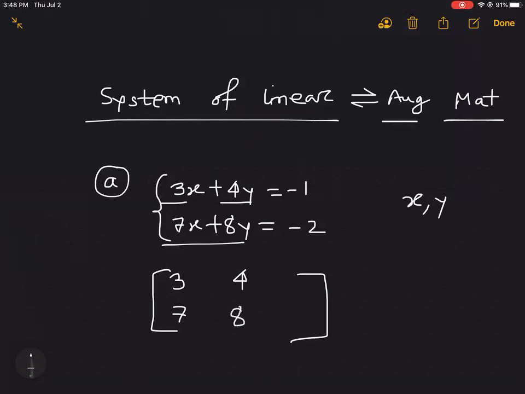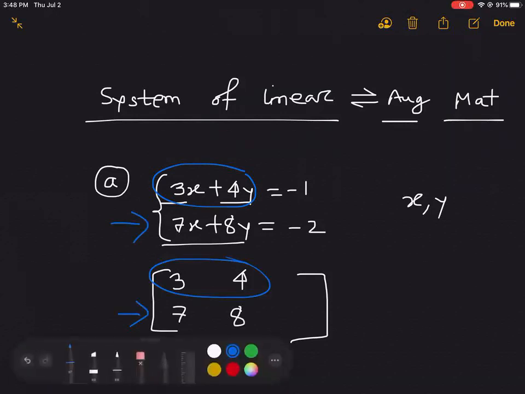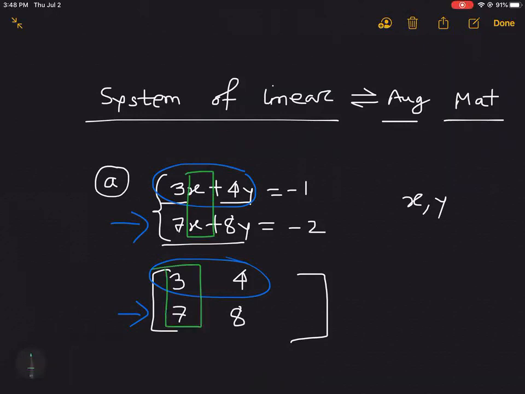You can see we are taking this first equation on the first row and the second equation on the second row. You see that? We are maintaining the consistency. As you can see, the x's are in the same column and the y's are also in the same column. Can you see that?